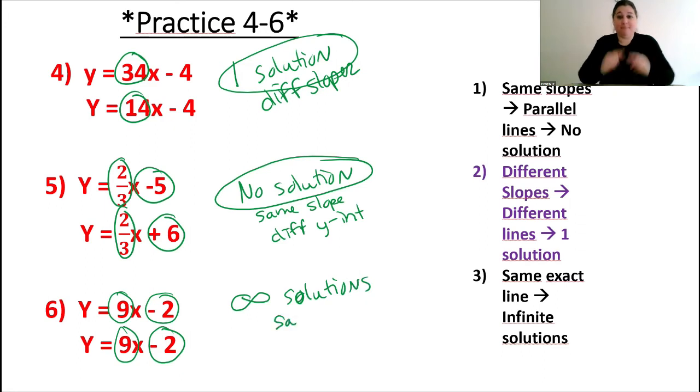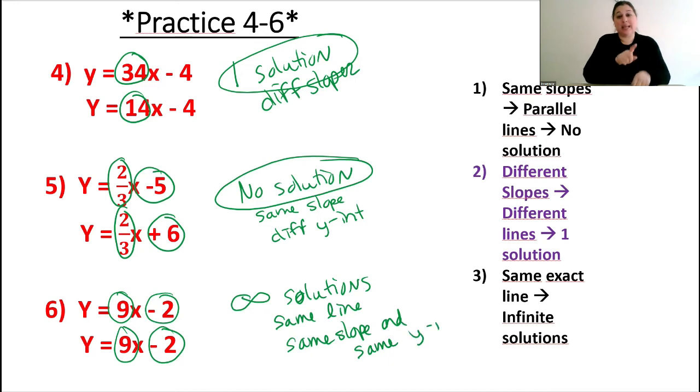So you can write same line, or you can write same slope and same y-intercepts. Some kind of description to prove that you know what you're doing and that you're thinking about it. Next slide.